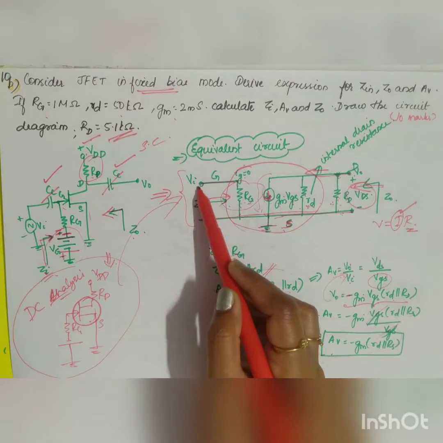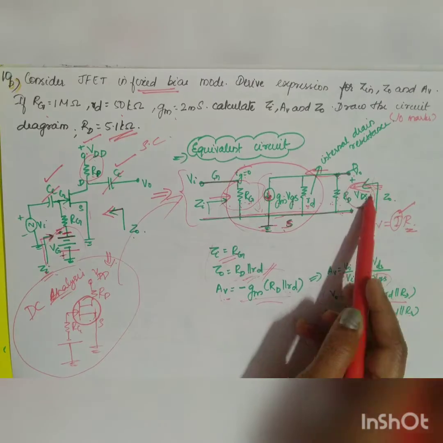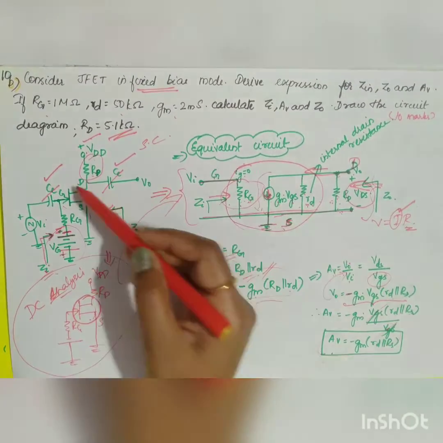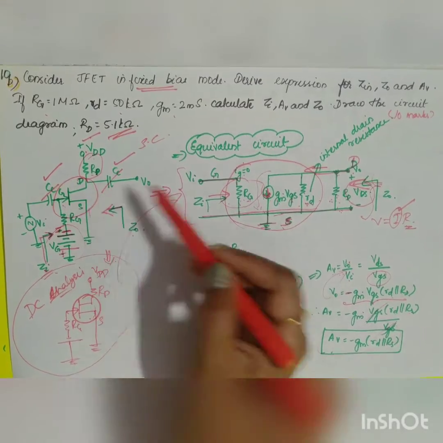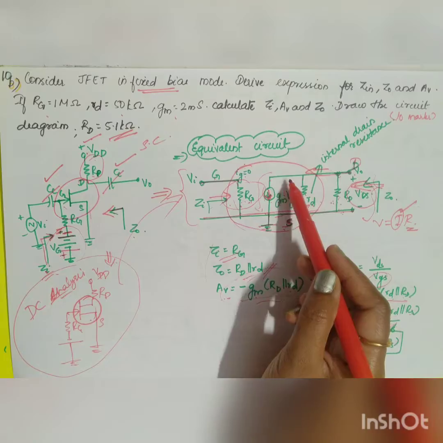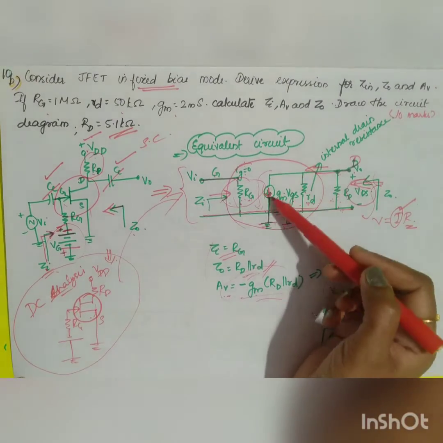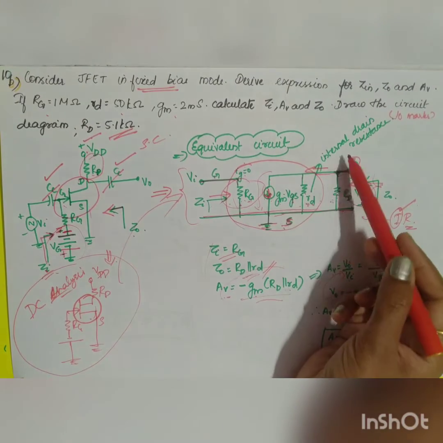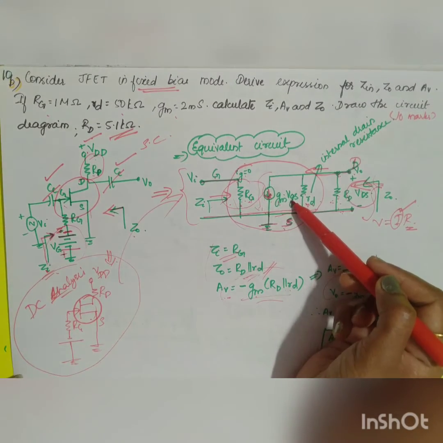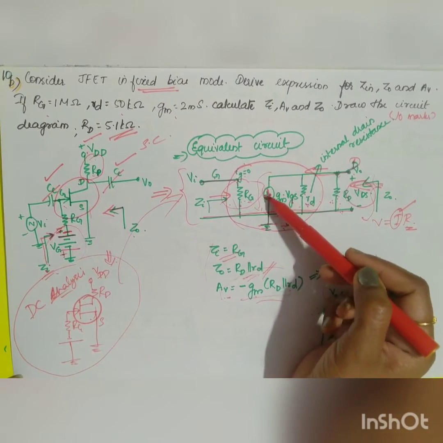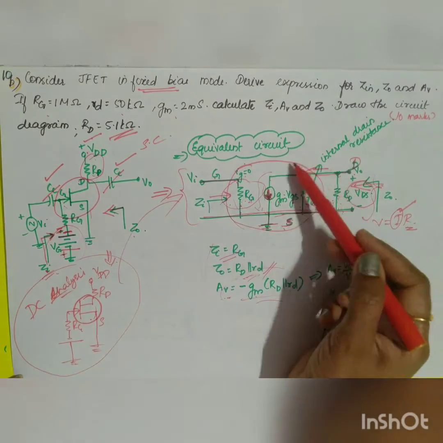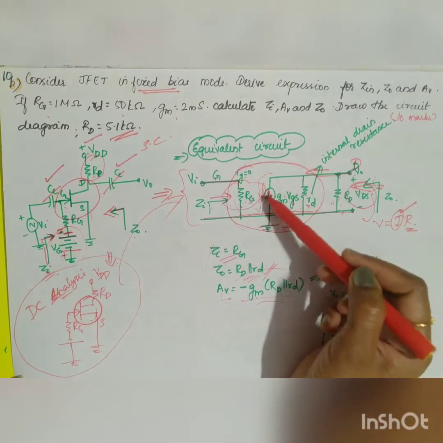This will be your input side, that is your gate, and this is going to be your output side, that is your drain. Your FET will be replaced on the input side by your resistor RG, and your output side will be replaced by your current source and your internal drain resistance small rd, right? Your current source is gm into vgs. You have the arrow mark pointing downwards because your current flows from drain to source.